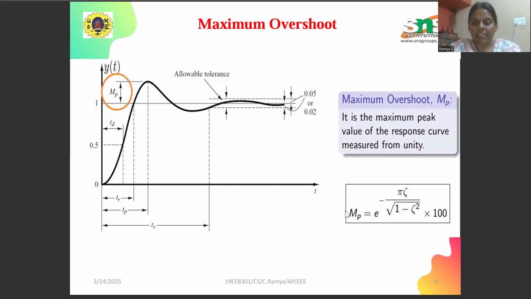This can be mathematically expressed as MP, the maximum overshoot, equal to e to the power of minus pi zeta divided by root of 1 minus zeta squared, and the whole thing multiplied by 100. Zeta we are representing as the damping ratio.